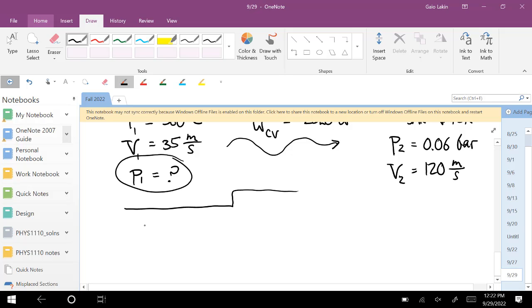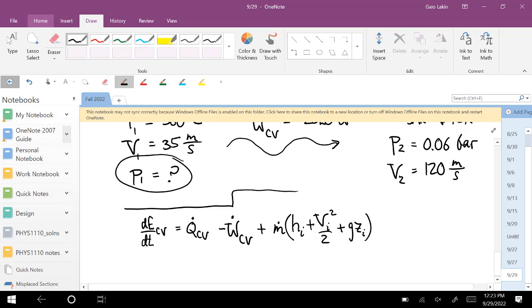We know we're going to use the control volume first law. So dE/dt is equal to Q dot minus W dot plus, it's steady state, so I'll write these as m dots, m dot times the quantity hi plus Vi squared over 2 plus g zi, minus m dot times the quantity he plus Ve squared over 2 plus g ze.